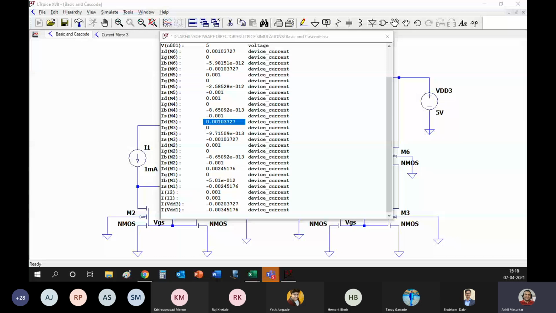Yes, Shruti, this output is correct. I think you showed me this before. Now try to double the current in the mirror. Did you get it, Shruti? So what will you do to double the current in the mirror? You will change the width from 20 to 40.